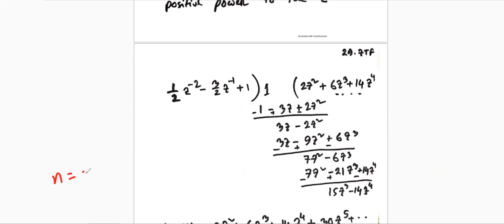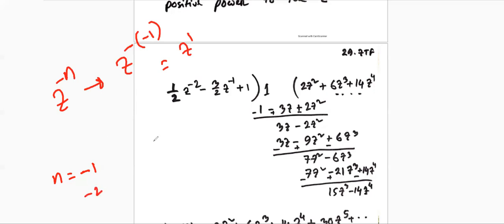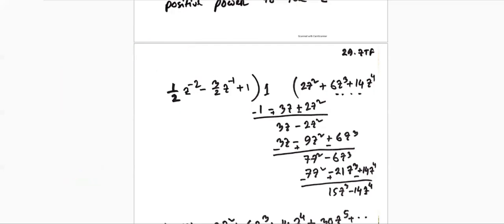So if I target n equals -1, that should be z to the power minus n. That is z to the power minus -1, so that is z to the power +1. But for the -2 location, it would be z to the power minus -2, that means z to the power 2. So the power of z should be positive. From there, you can find the location.